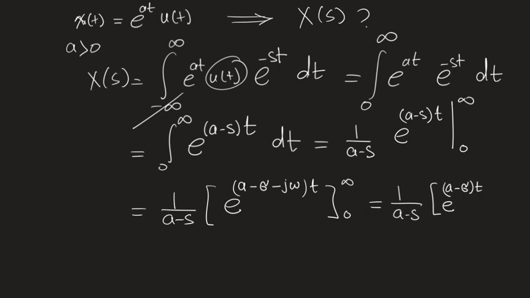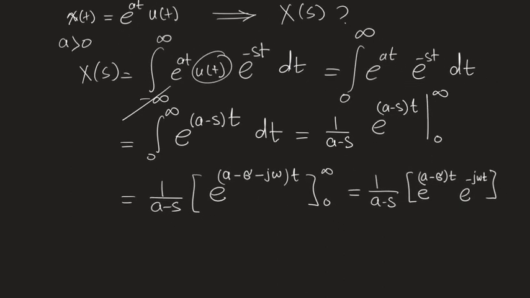So it's a minus sigma multiplied by t, this part. Correct? And then this whole thing is multiplied by e to the minus j omega t, right? Okay. And we have infinity and 0.